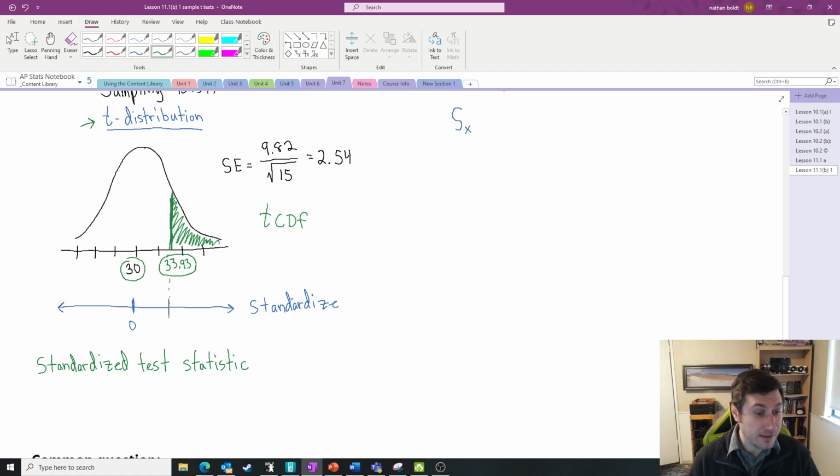So to find that, it is basically a z-score. In this case, because it's a t value, we use t is equal to our statistic, 33.93, minus the middle, 30, divided by the standard error, which is 2.54. Hopefully you can see that that is essentially a z-score, right?